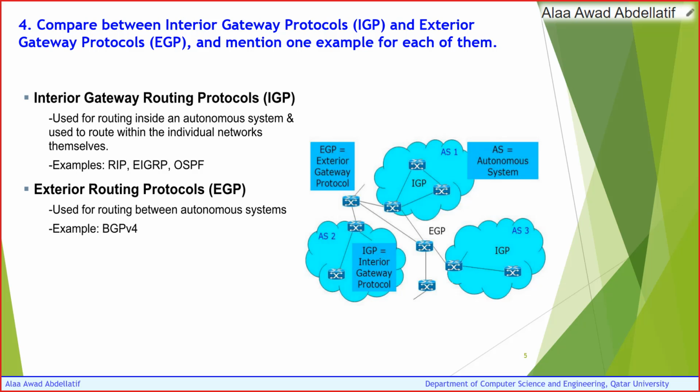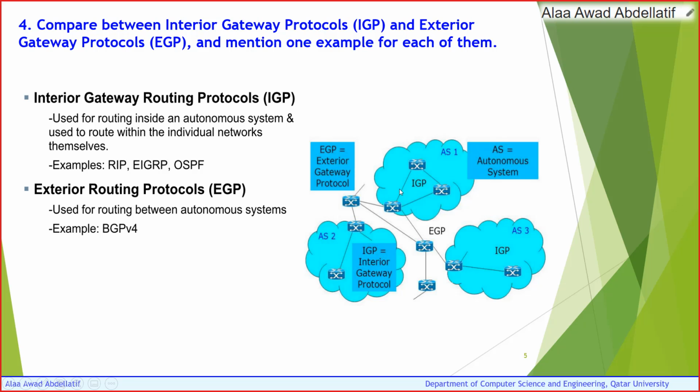An interior gateway protocol is used for routing inside an autonomous system. So it's used to route within the same autonomous system, while the exterior routing protocol is used for routing between the autonomous systems.